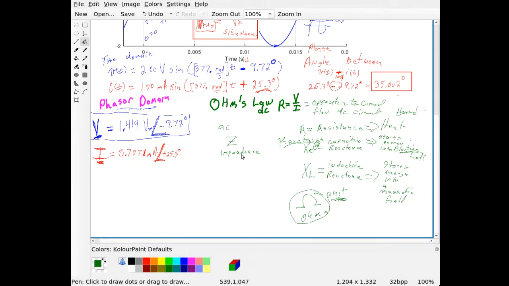But we have this reactance. Reactance uses the symbol X, and again, X with a subscript C for capacitive reactance, and X with a subscript L for inductive reactance. So we have this impedance Z. The impedance Z now is a vector, or a phasor.